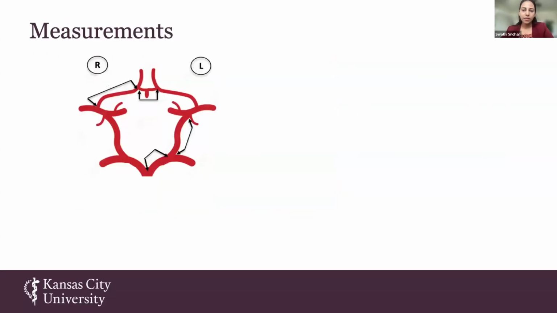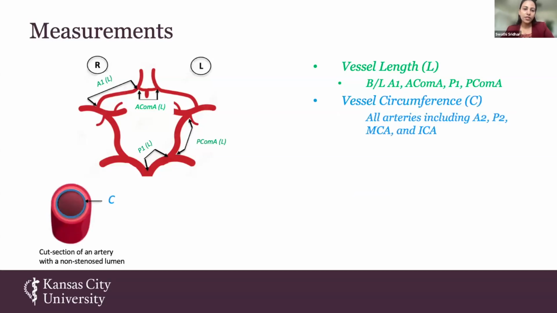In terms of detailed measurements taken using ImageJ, we took the length measurements for all of the bilateral A1 segments, the anterior communicating artery, bilateral P1 segments, and the posterior communicating artery bilaterally. And the vessel circumference was measured for all arteries, including the A2 segment of ACA, P2 segment of PCA, middle cerebral artery, MCA, and internal carotid artery, ICA.